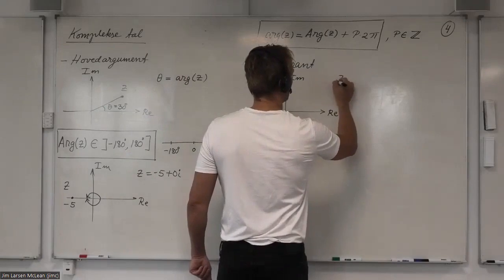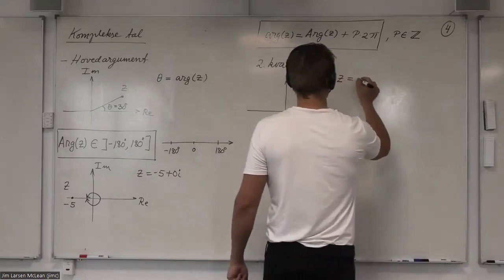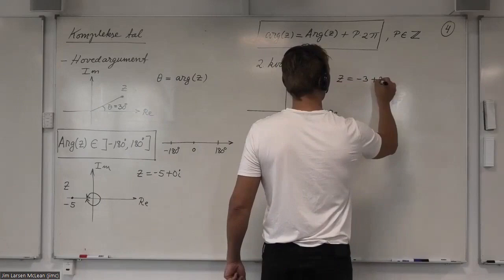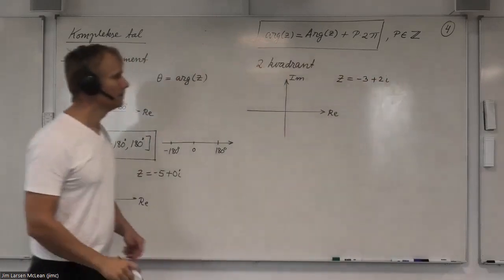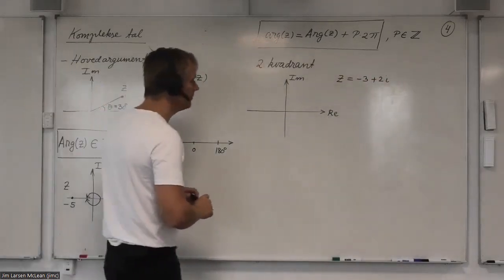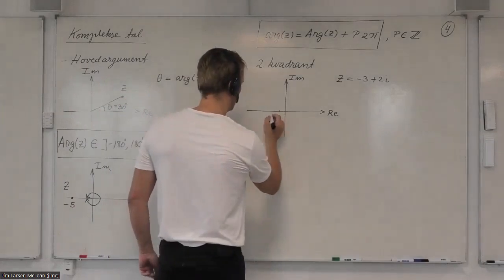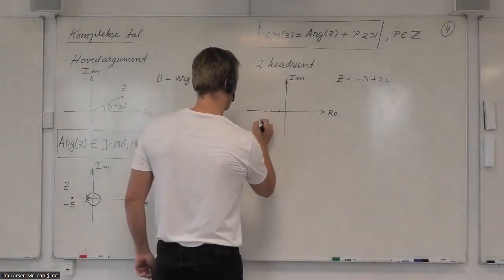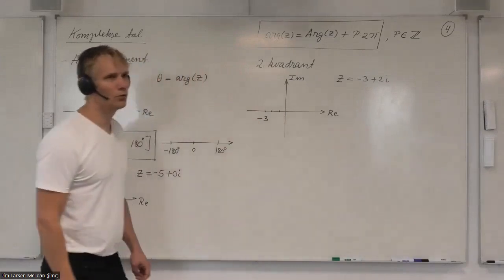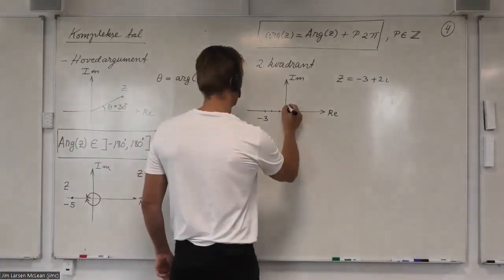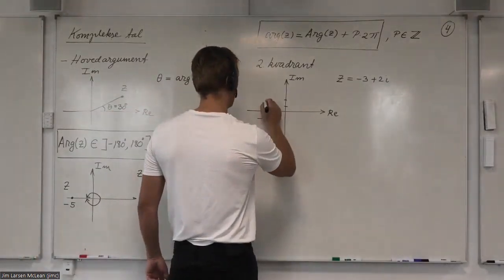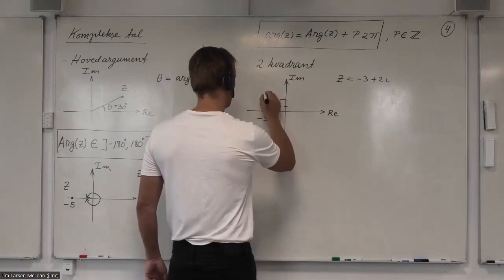Let's say z is -3 plus 2i. So I'm going -3 on the real axis, and then I need to go 2 up. So that means my complex number is here. Got it.